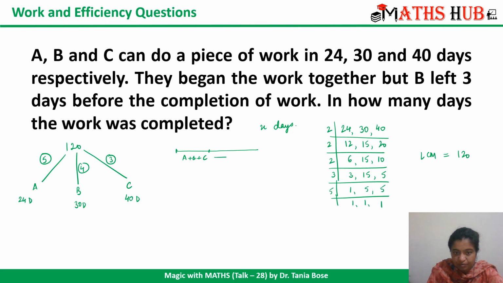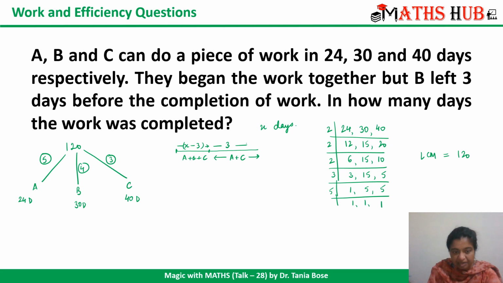That means the last portion of the work was done by A and C, right? These are the last 3 days. So the first part was done in X minus 3 days, right?